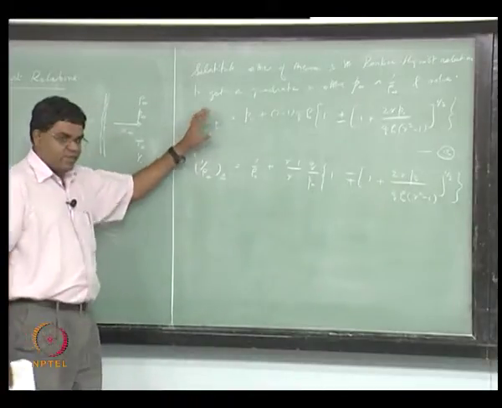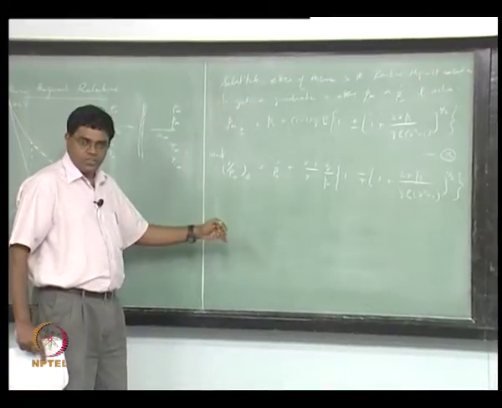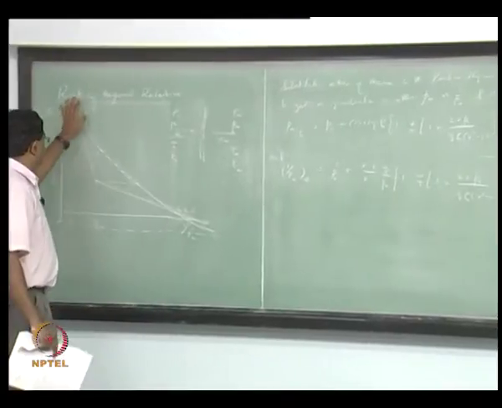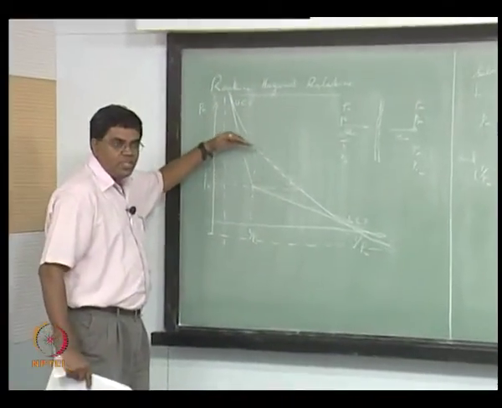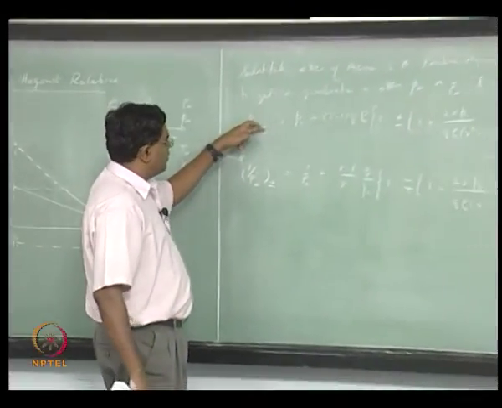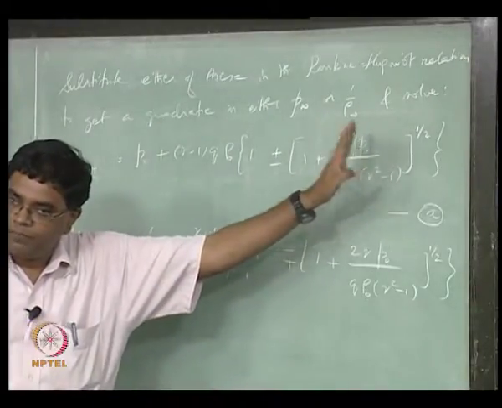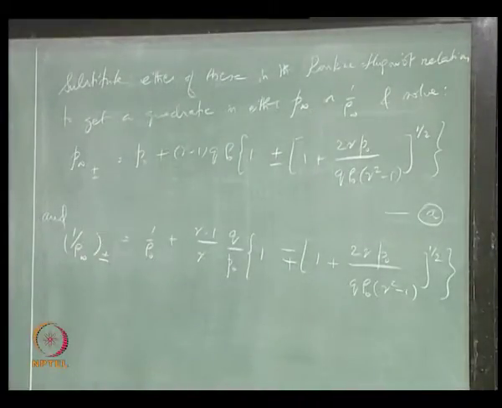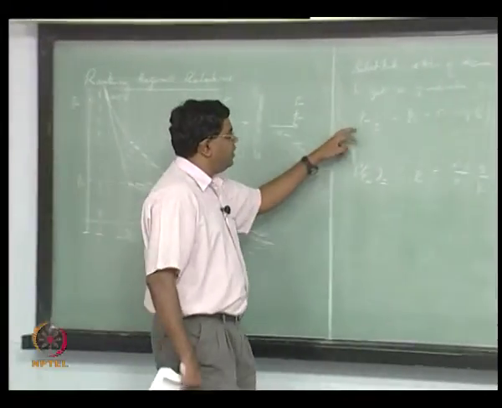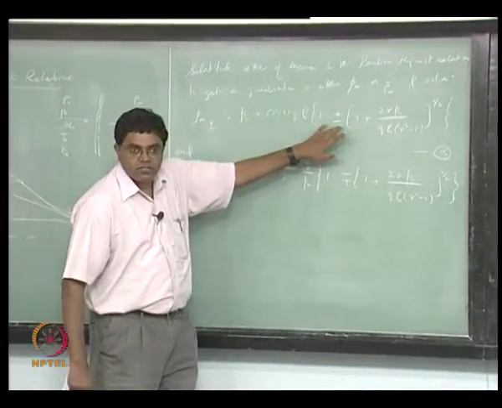So when you say plus or minus, you simply mean upper Cj or lower Cj. That means we are expecting that for the upper Cj your P infinity should always be greater than P naught, therefore P infinity plus will correspond to P naught plus this. Lower Cj is going to have a P infinity less than P naught, therefore P infinity minus should be equal to P naught plus this with a negative sign.